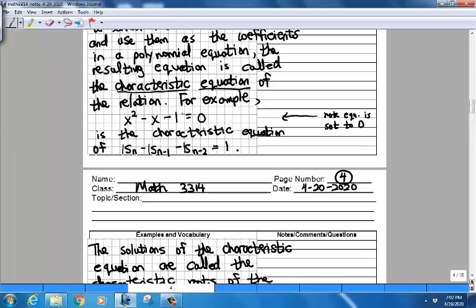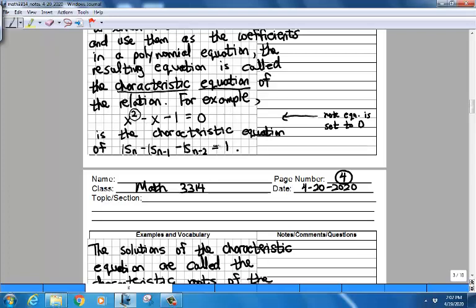Notice that this characteristic equation has degree 2. It's a quadratic polynomial. So that means this recurrence relation is second order, or has order 2, because its characteristic equation has degree 2. You could say that the recurrence relation also has degree 2.